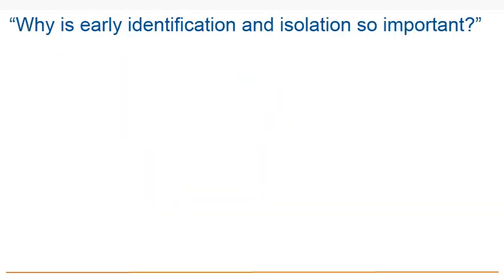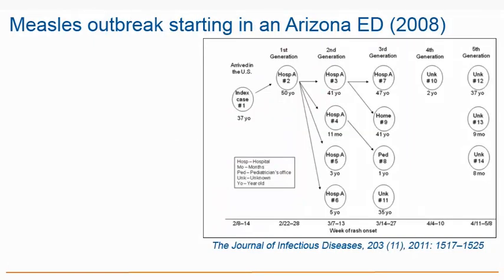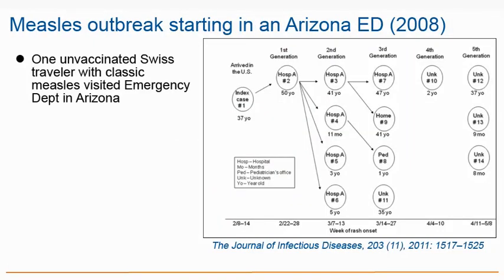You might be thinking, why is early identification and isolation so important? Well, let's look at an example of when early identification and isolation did not happen. Back in 2008, a 37-year-old unvaccinated Swiss traveler with classic measles symptoms visited an emergency department in Arizona.